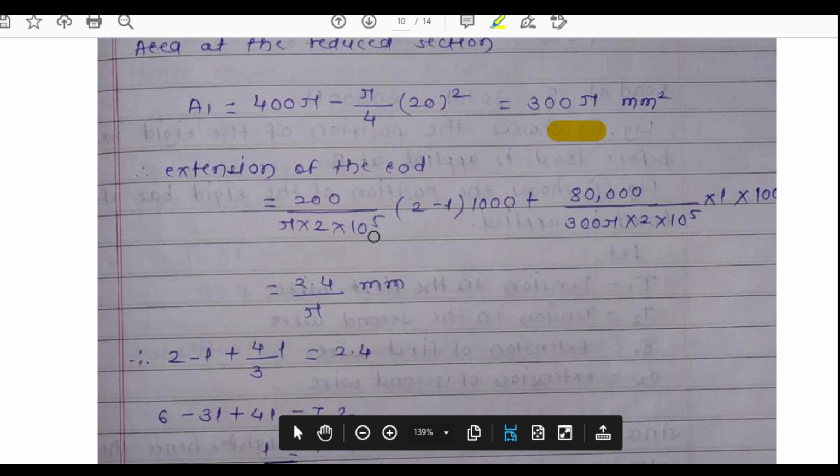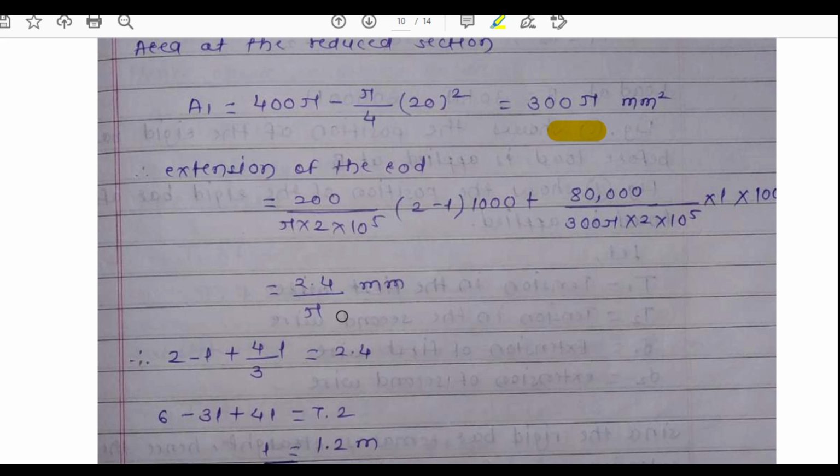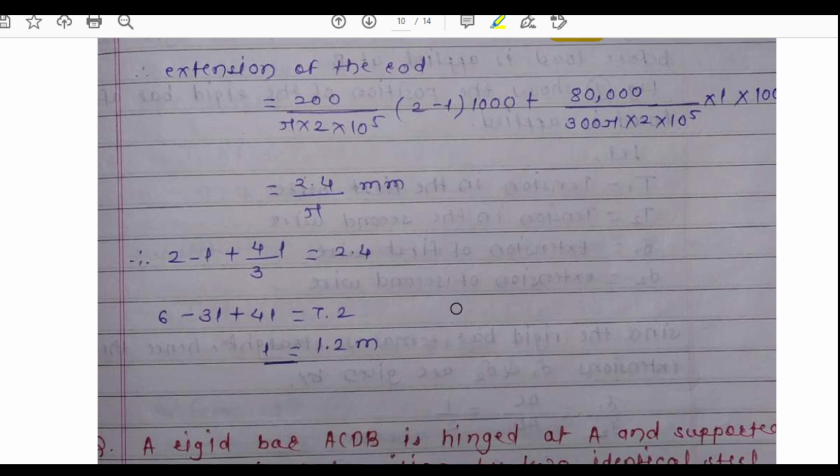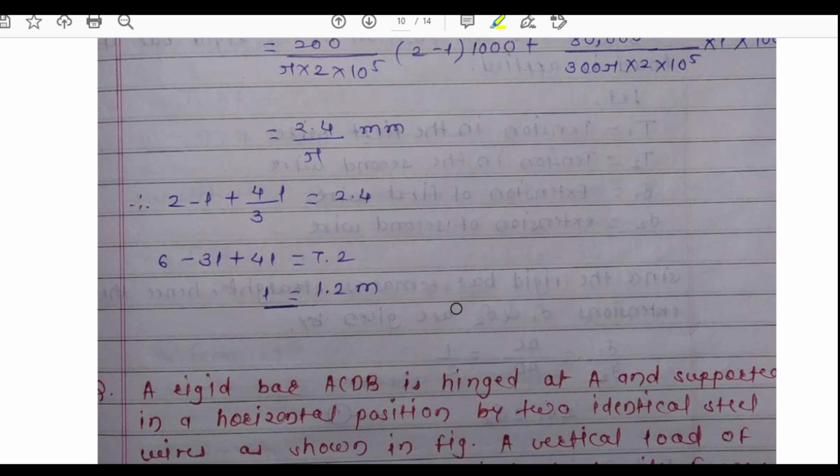By simple mathematical calculation we get 2.4 divided by pi as the extension of that rod. Now we can write this as 2 minus L plus 4 by 3 L equals 2.4.